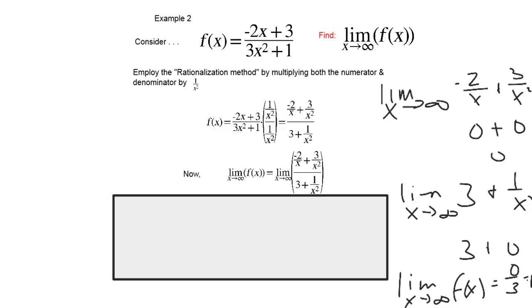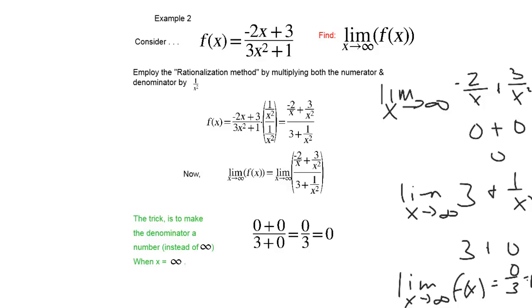So let's look at that written in something other than my chicken scratch. And you'll see, here in green, something that I want you to be mindful of. The trick is to make the denominator a number. I told you I was going to tell you why we decided to choose 1 over x squared.